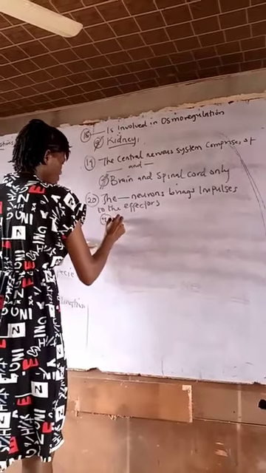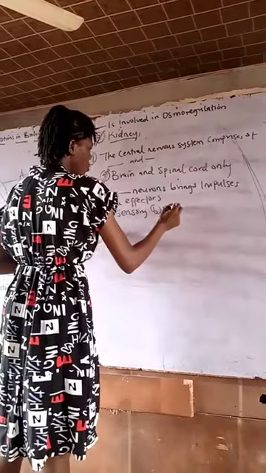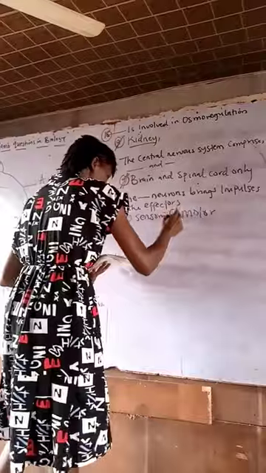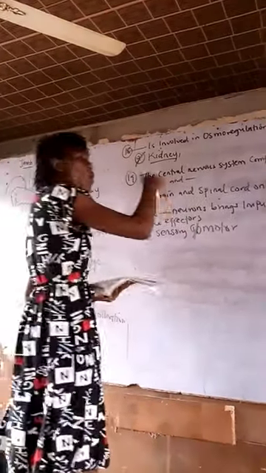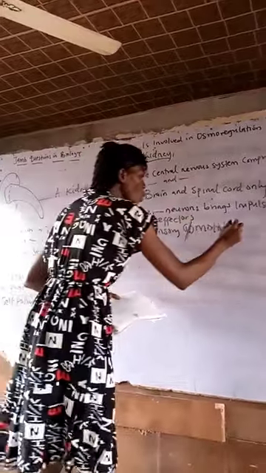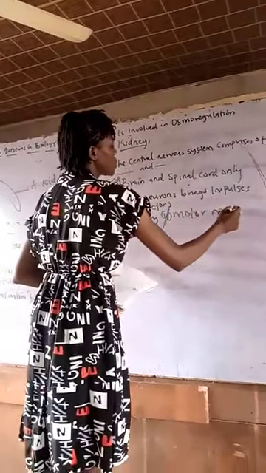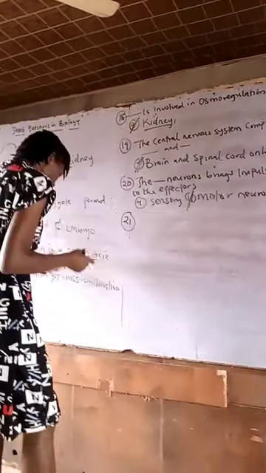A, the sensory. B, the motor. Please, the answer is what? The motor neurons, they transmit impulses what? To the effector organ. So the answer is what? Motor neurons, please.